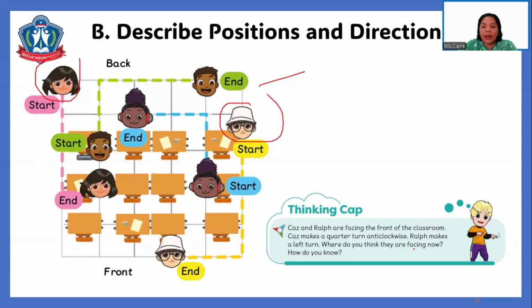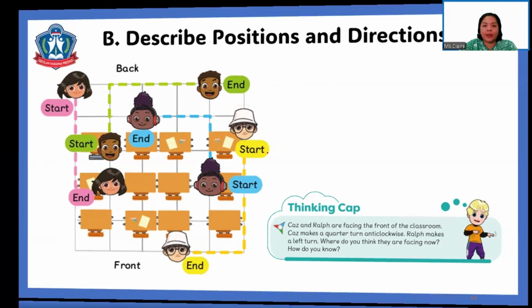Where do you think they are facing now? If you know the answer, you can share that in our class, okay?